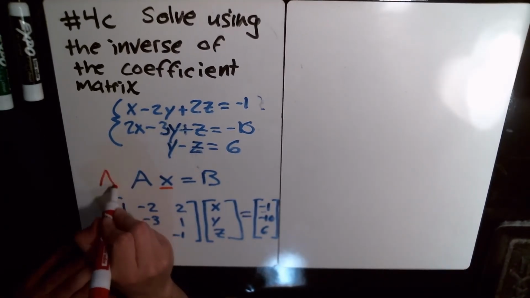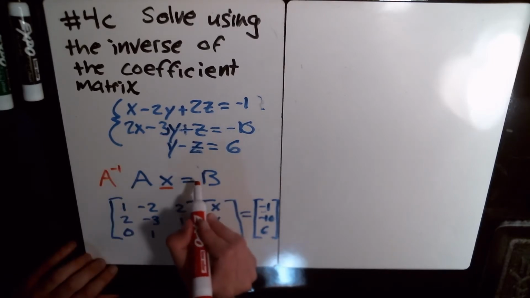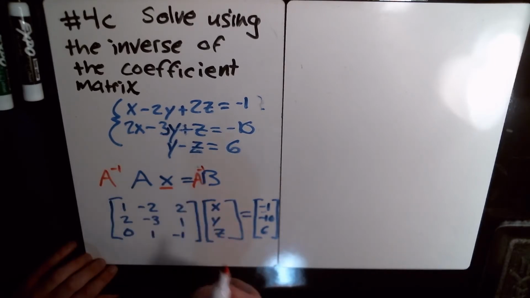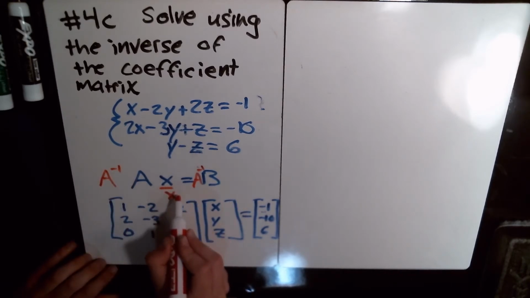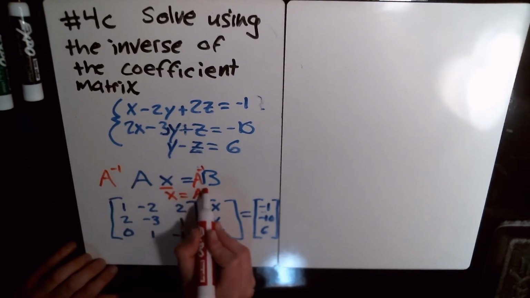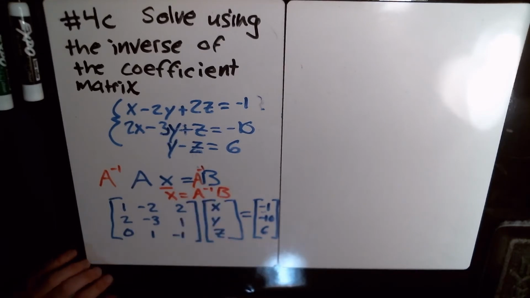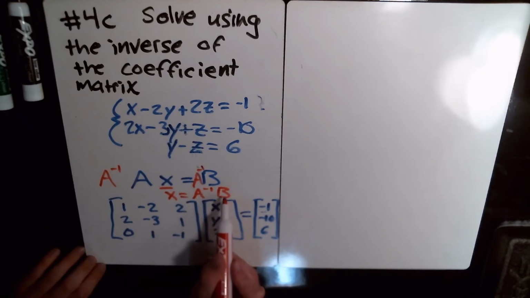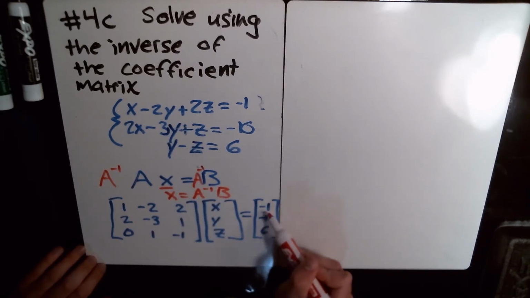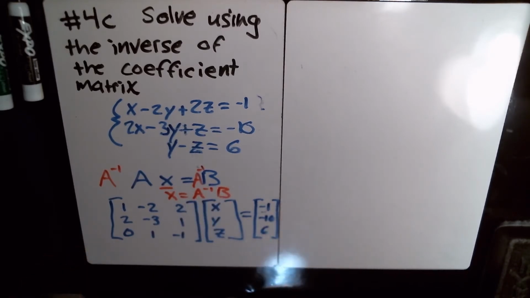So you're going to multiply both sides of this by the inverse matrix. And so when you do that, these two will cancel out, and you'll just get X is equal to A inverse times B. So all you will have to do is do the inverse of A times this matrix here, B. Okay?